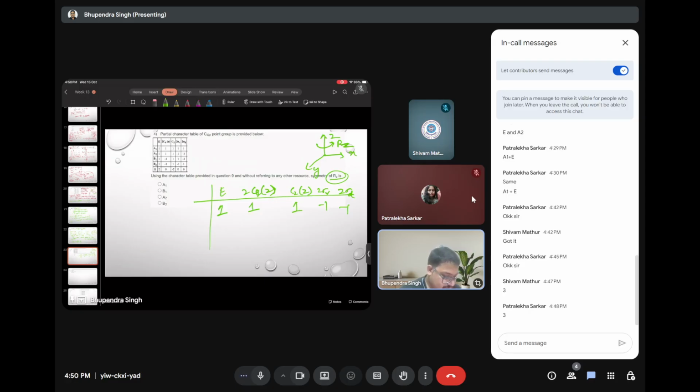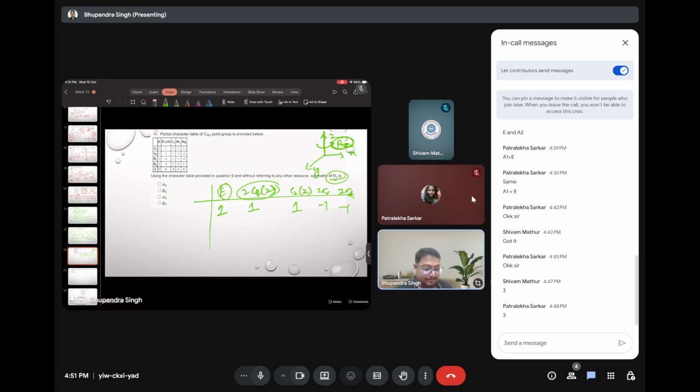Let's say this is your principal axis of rotation here. So E is 1 only. C4Z is just rotating your molecule, the Z axis is not changing. So the symmetry of RZ will remain 1.